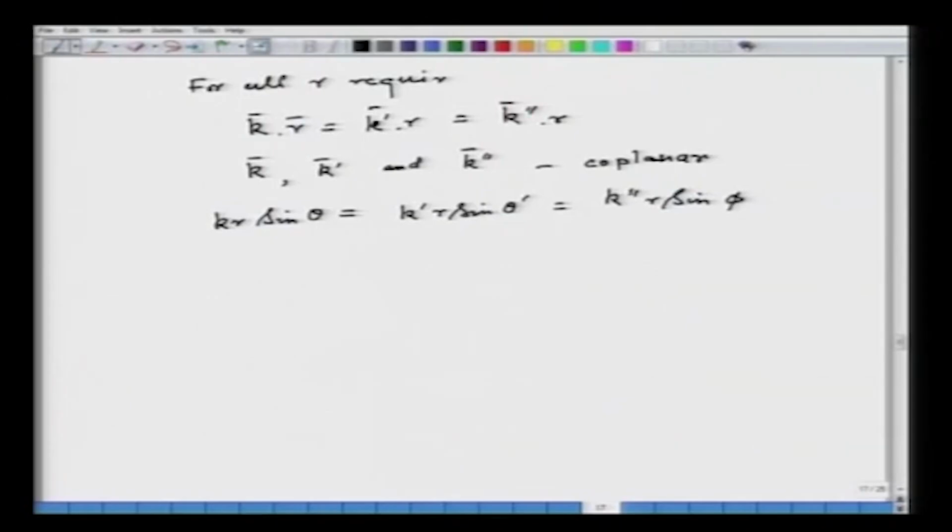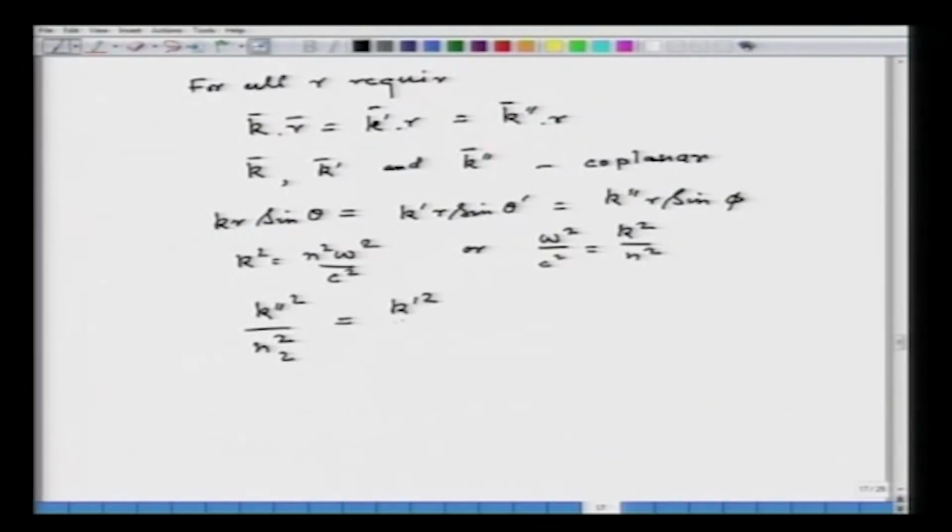But by definition we know that the k vector satisfies k square equals n square omega square over c square, or we can also write that omega square over c square is equal to k square over n square. If we take that definition, we get the condition that across the interface we will get a relationship which is going to be true here.